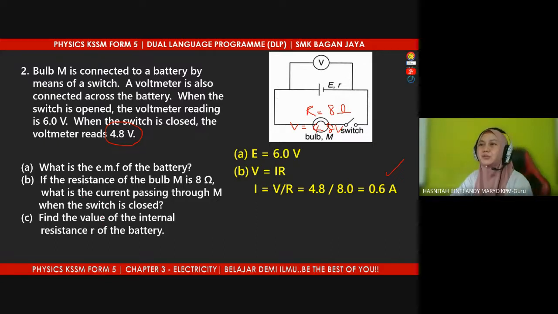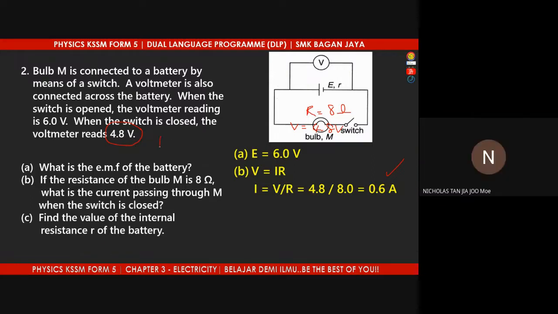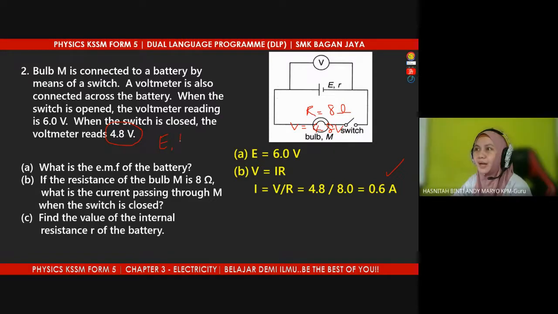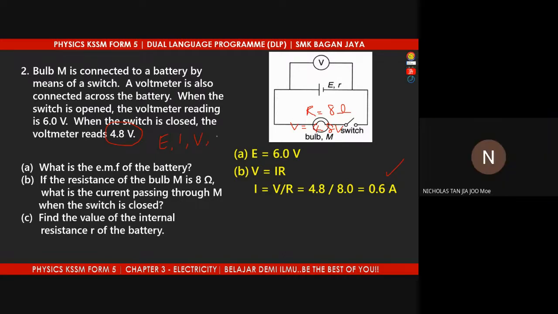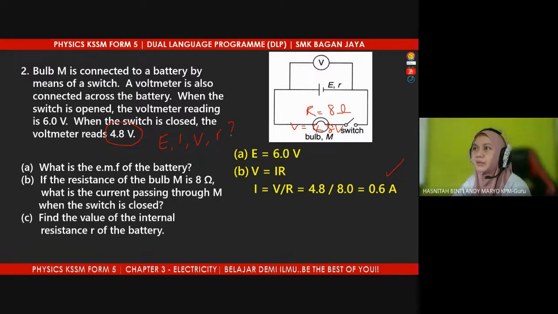Okay, how to do C, students? So now you have E from question A and B. We have the formula. E, EMF. We have I. Then we have V. So we want to find R. So how do we relate this?